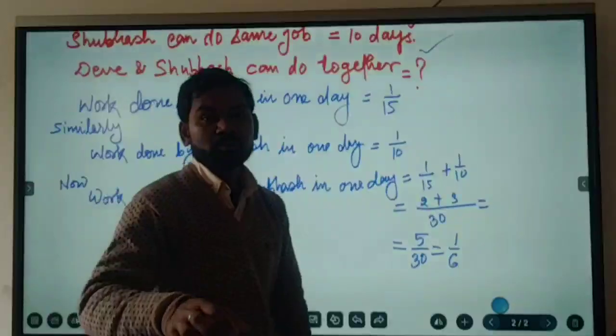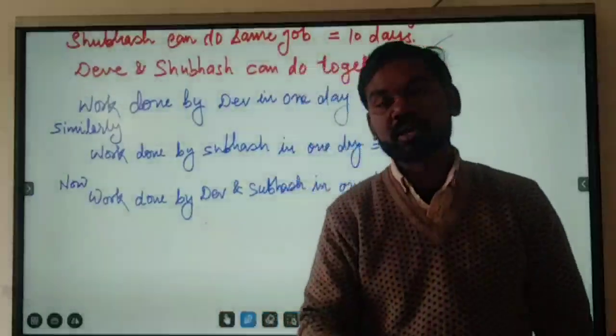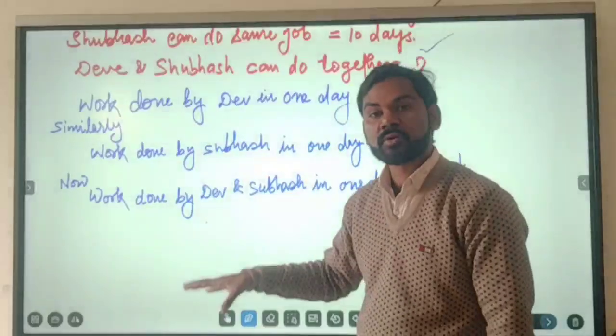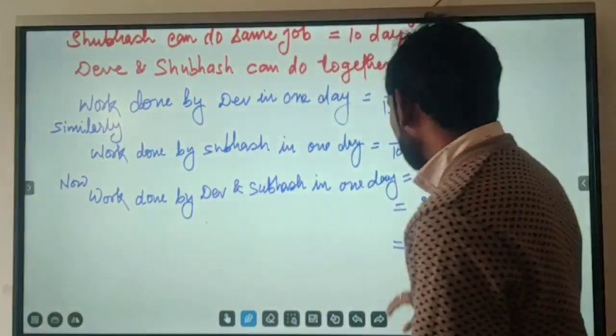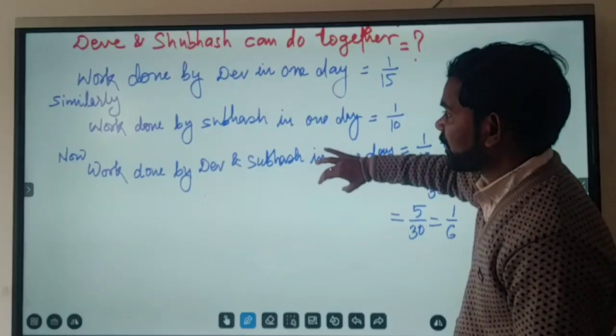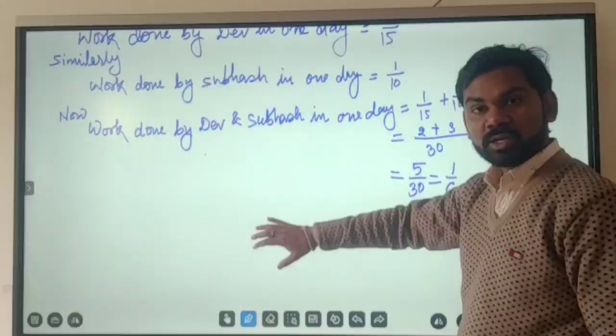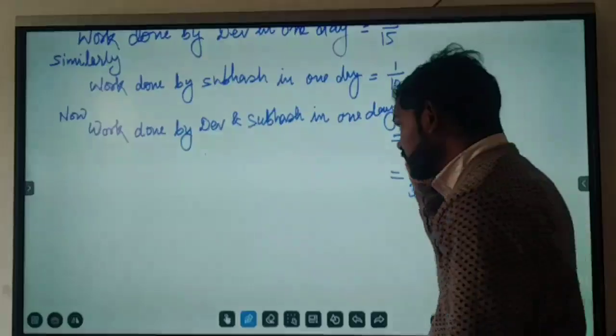Now we have to find out how many days are required to complete the same job when Dev and Subhas work together. The number of days can be found by finding the reciprocal of this 1 upon 6.